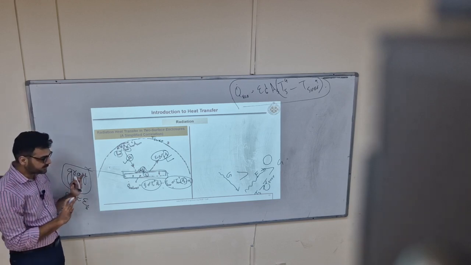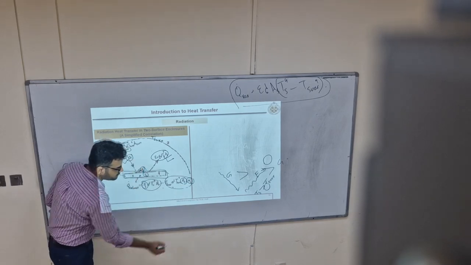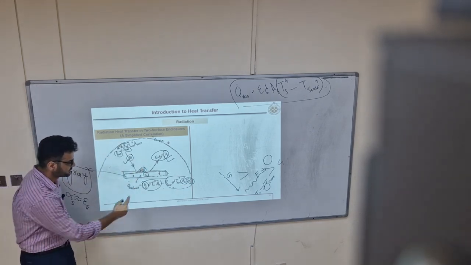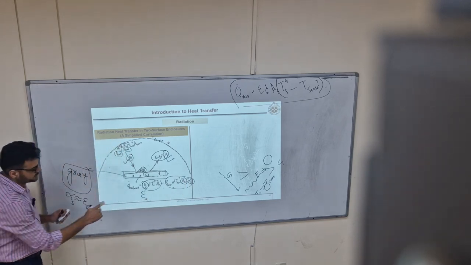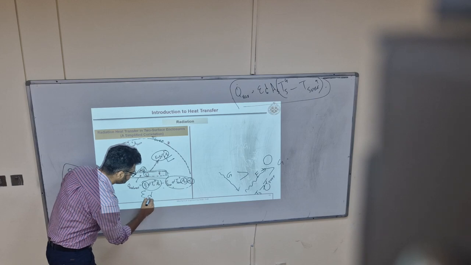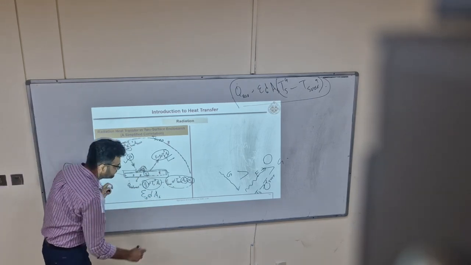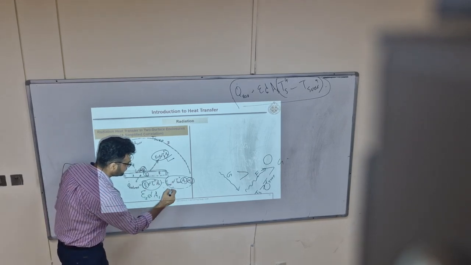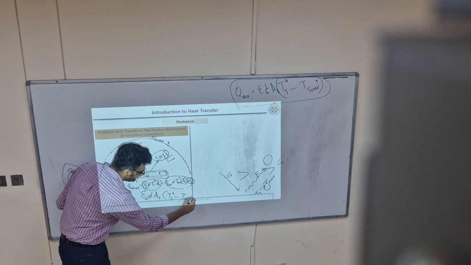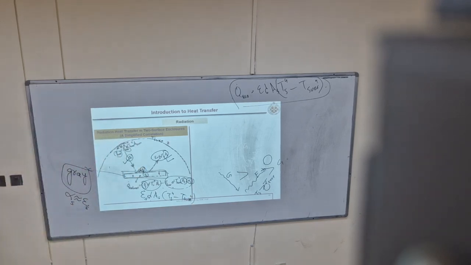So here, assuming a gray surface means eta of S and alpha of S are the same, so this will be common. Sigma is also common. Area is also common. So what is left? Ts to the power 4 minus T surrounding to the power 4, the equation which we saw. This is called radiation heat exchange.